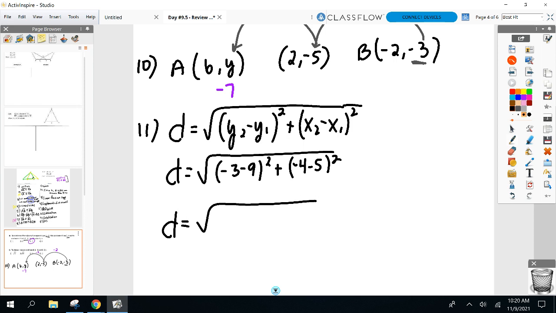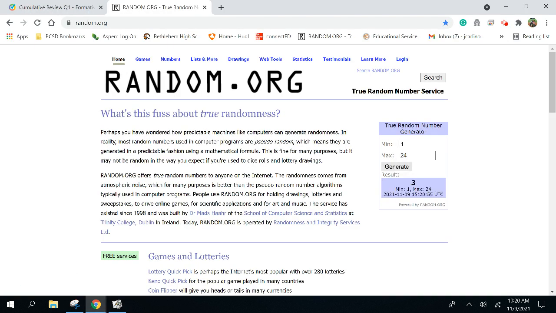So what number do I get after I'm done squaring the y's? I subtract the y's and square it, and it better be positive because anything you square is positive. So we end up with what? Let's see here.